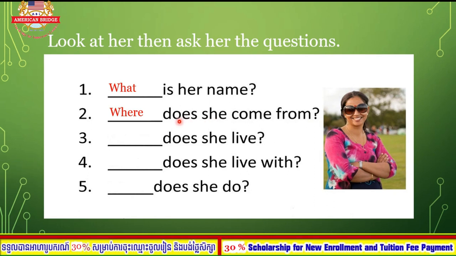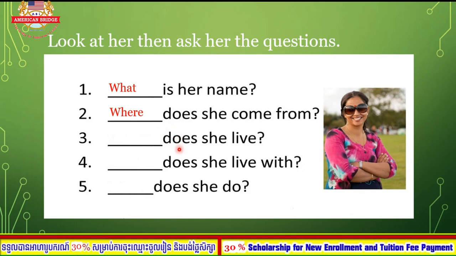And we use does because we can see verb 1 here. Come here is verb 1. Or you can say, where is she from? We put is, not does, because in the sentence there is no verb, right? So we can say, where is she from? Or where does she come from? Both sentences are correct, right?